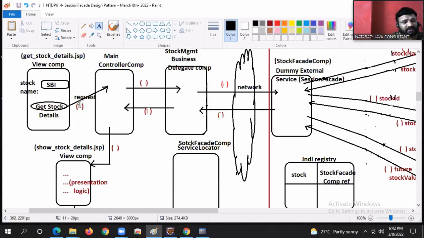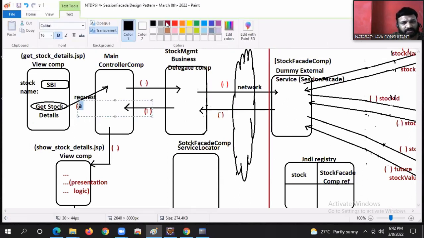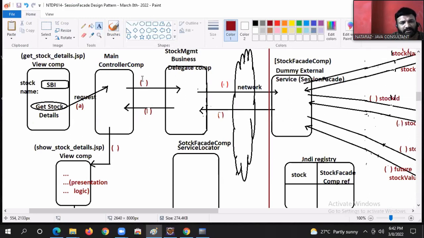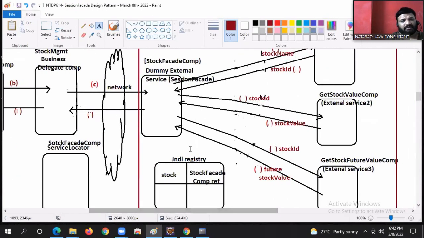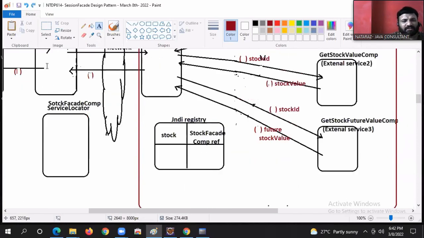Yeah, let's see. A, B, next C. Oh, not that C, guys. It interacts with the service locator.